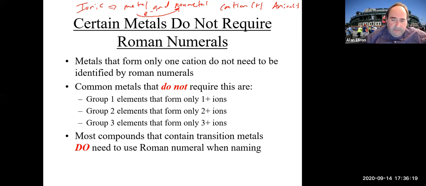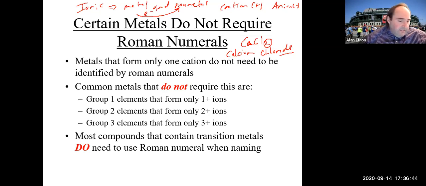So if we had something like what we saw last time, CaCl2, this is calcium chloride. Again, the 2 here has no effect on the name, and we just go calcium and chloride on the last part of the name. No prefix or anything like that.